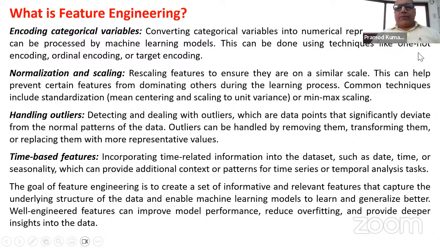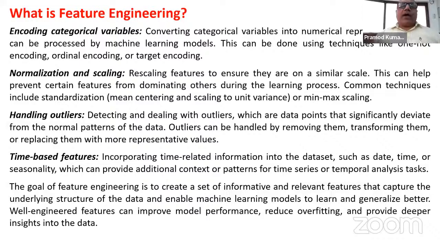I'm not going into these encoding schemes or techniques, but you can understand here, for example, suppose there is some feature which is binary in nature, so its value can be either yes or no. For example, we are going for a medical diagnostic test. So the problem will be there or the problem will not be there, either yes or no. Since it is a categorical variable, I will encode it in a numerical value.